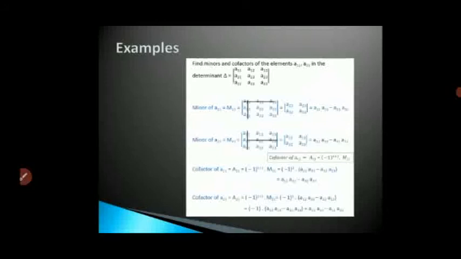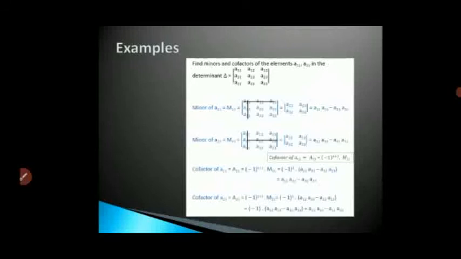You can see very clearly from the example, minor of 1 1. So we are removing the first row and first column, and then whatever remaining determinant is formed, we find a unique value out of that. Minor of 2 1: you can see very clearly, the second row and first column are deleted.